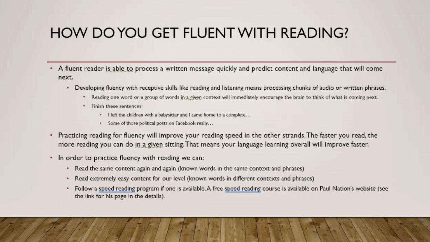In the details of this video, you will see a link to Paul Nation's website. Just go there and scroll down, and I believe you'll find a speed reading course, and you'll find content on Sonia Millett's page as well. There are links on Paul Nation's website for that.